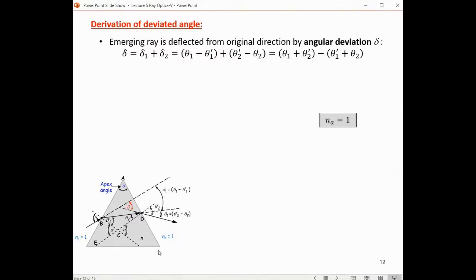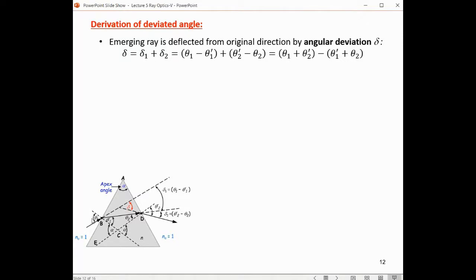With reference to this prism diagram here, the exit ray will be deflected by an angular deviation of delta given by the sum of delta 1 and delta 2, where delta 1 is the deviated angle of the refracted ray in the prism to the incident beam.